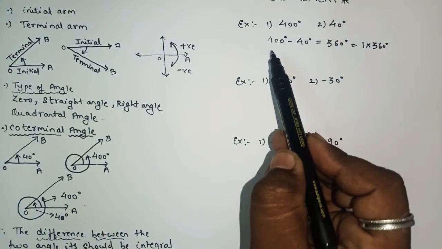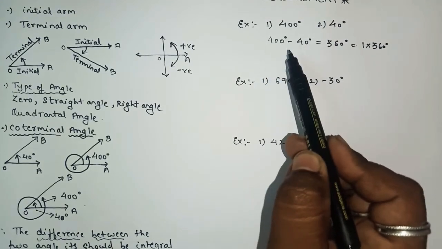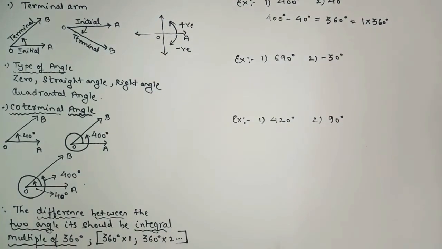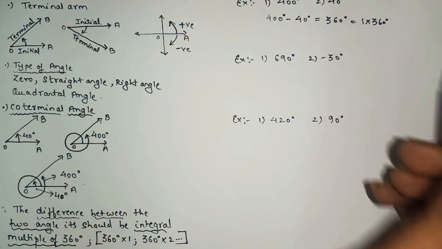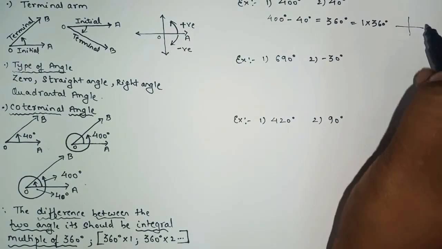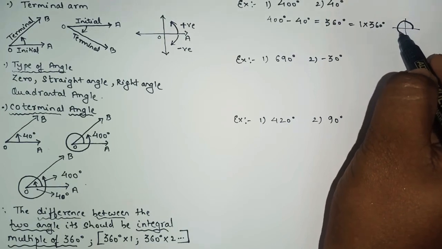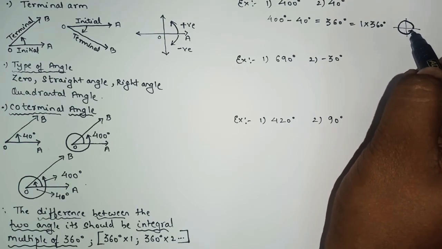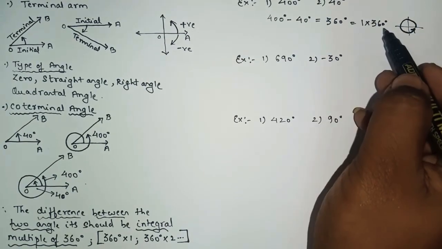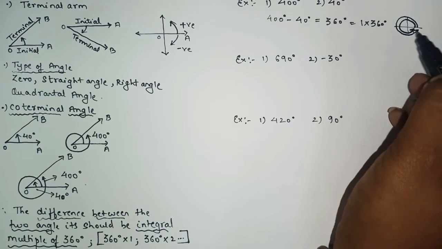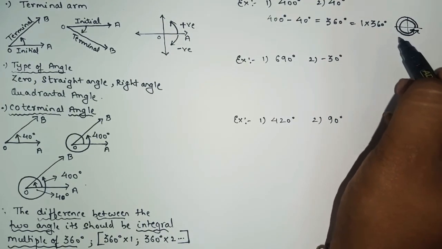So here clearly we can see that the difference between these two angles forms an integral multiple, that means a multiplication of 360, like 1 into 360, 2 into 360. 360 we can write as 1 into 360. 1 into 360 means the rotation will be one time. 2 into 360 means the rotation will be two times.